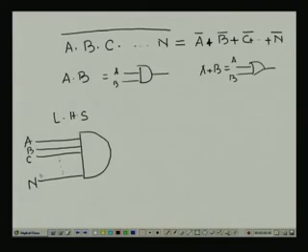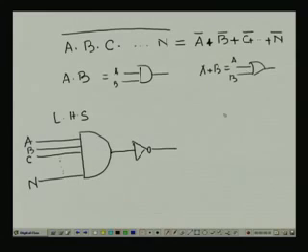Then the output is inverted, so I put one inverter here. So, this is the logic circuit of the Boolean expression represented by the left hand side.